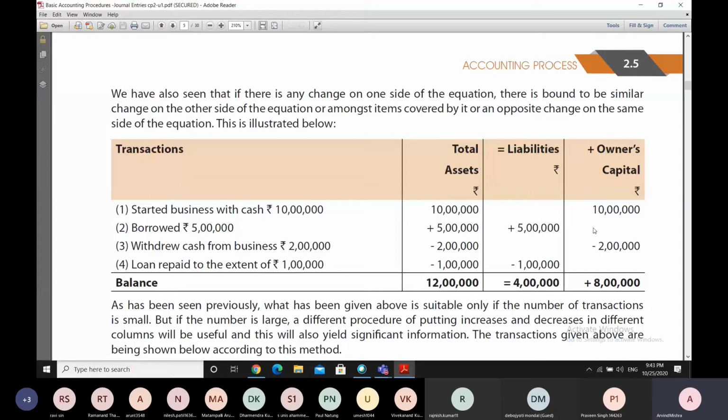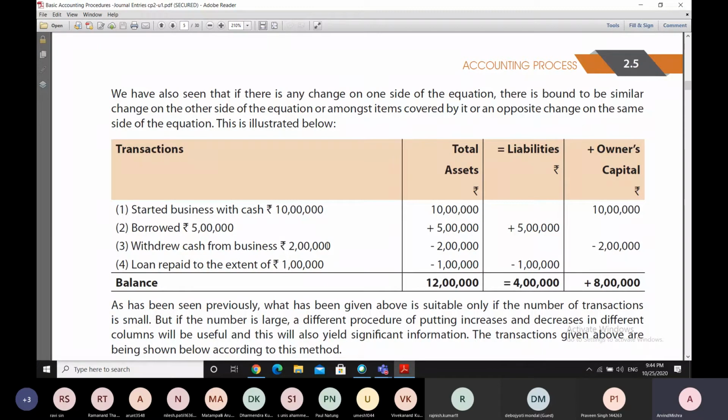Of course, there is no change to the owner's capital in this transaction. So once again, as we increase 5 lakhs on the left side of the equation, which is part of the total assets, we are increasing the same amount on the right side of the equation, that is 5 lakhs. So the equation remains balanced.